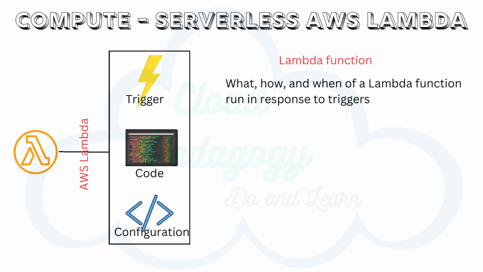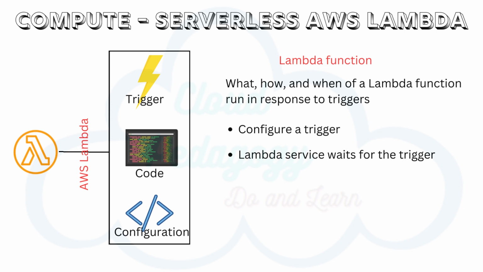Once you create a Lambda function, it's not always running all the time. Instead, Lambda functions run in response to triggers. You configure a trigger for when you want your function to run, and from there, the Lambda service waits for the trigger. There is a long list of available triggers for AWS Lambda.